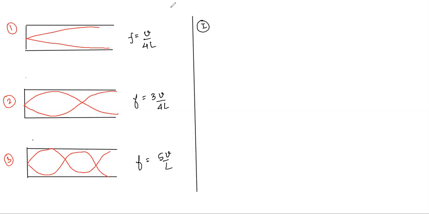Let's first write, this is a case of closed organ pipe. Now we have first the fundamental one or the first harmonic. I'll write their names also. So this one is first harmonic.